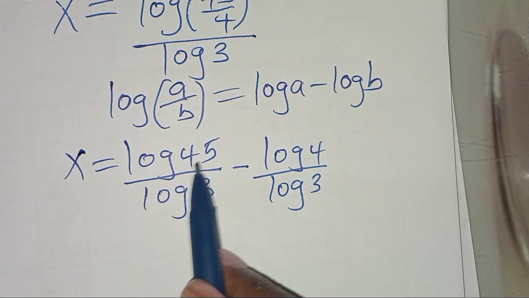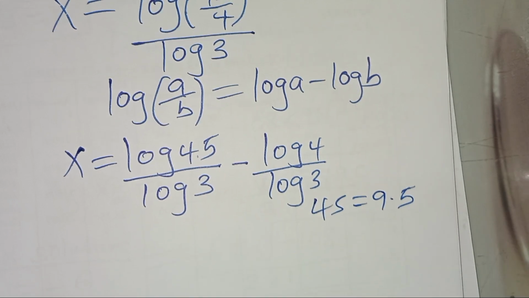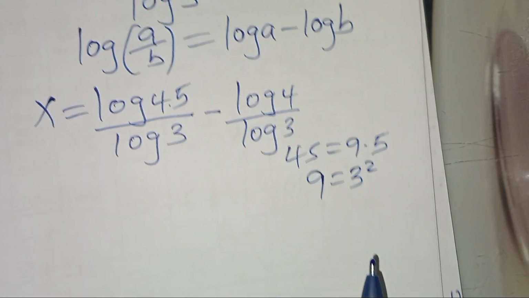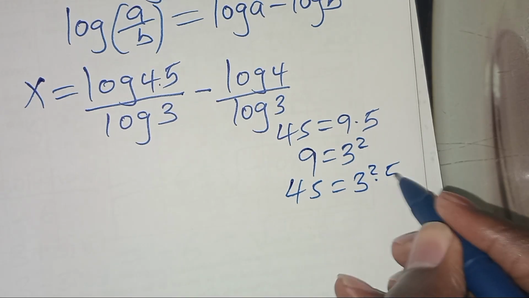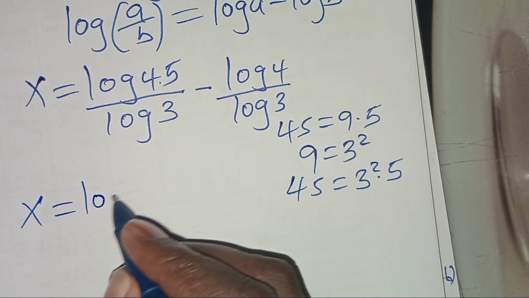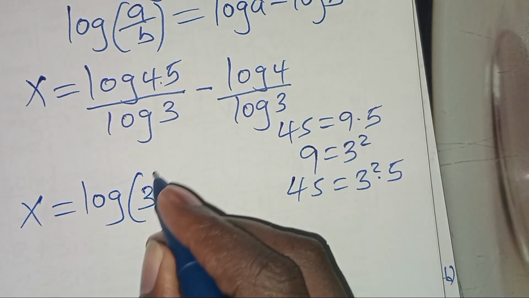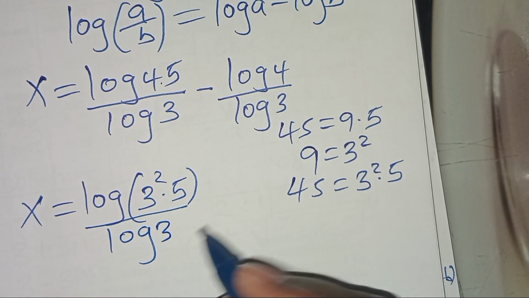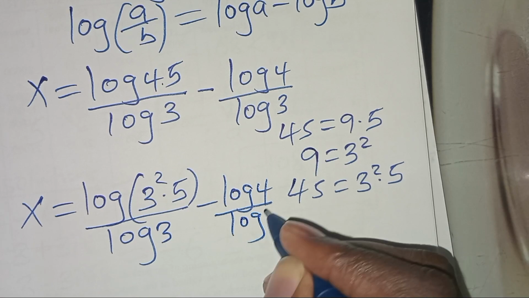Now as you can see, we can express 45 basically as 9 multiplied by 5, and you can express 9 as 3 to the power 2. So that means 45 can be expressed as 3 to the power 2 multiplied by 5. Let's substitute this. We'll have x equal to log 3 squared times 5, all divided by log 3, subtract log 4 divided by log 3.